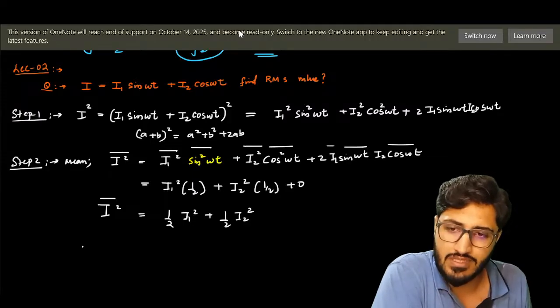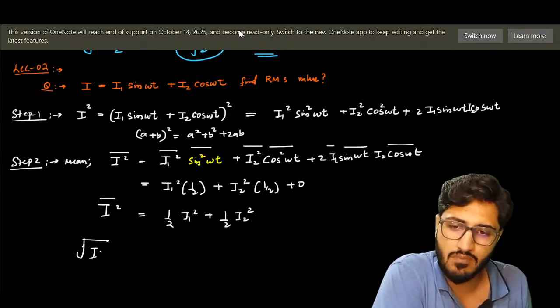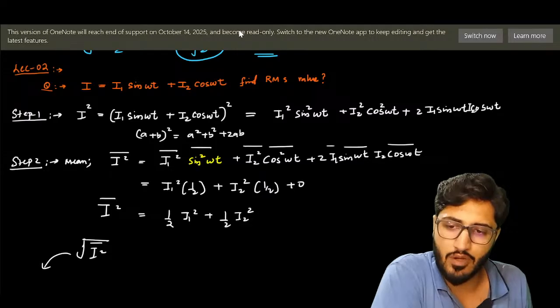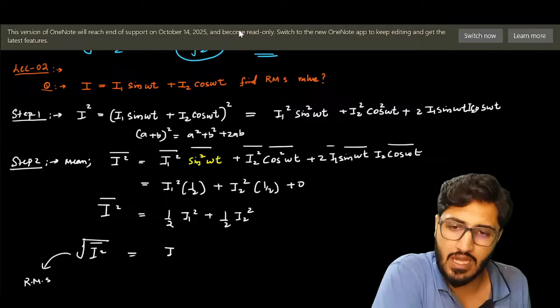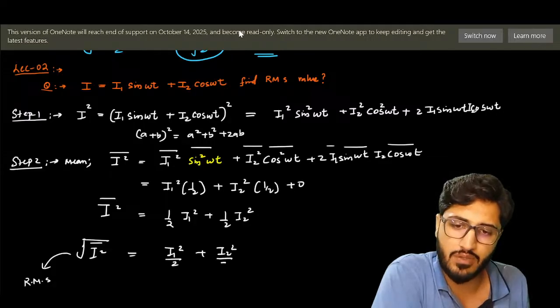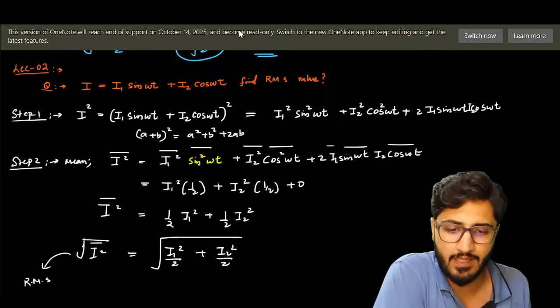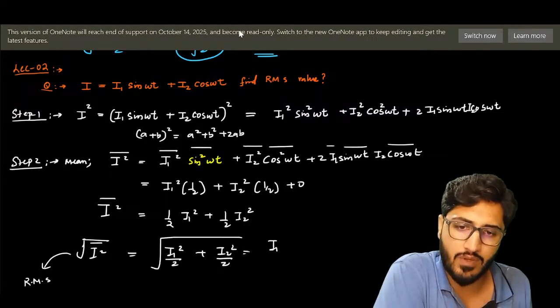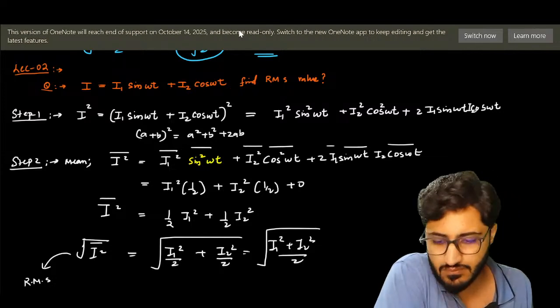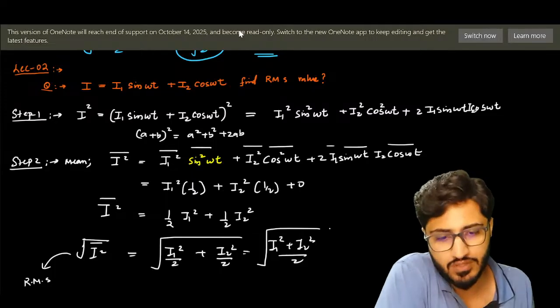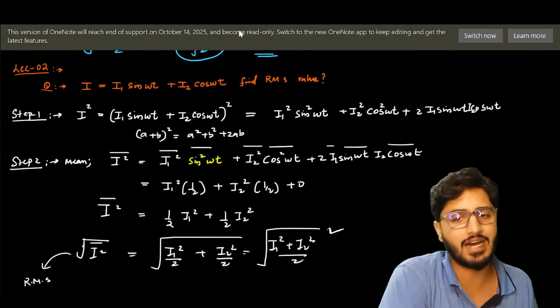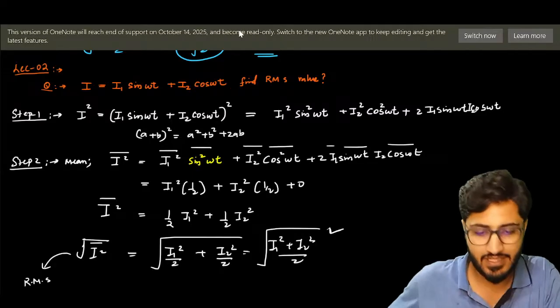Now the third step is to take the root. So this value is the RMS value. It came out to be root of I1 square by 2 plus I2 square by 2, or I can write it as root of I1 square plus I2 square, divided by 2. Okay, so this is my final answer, I RMS.